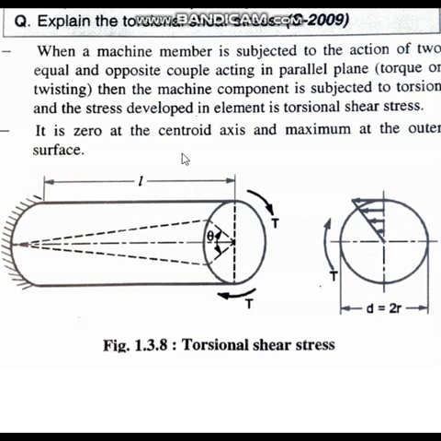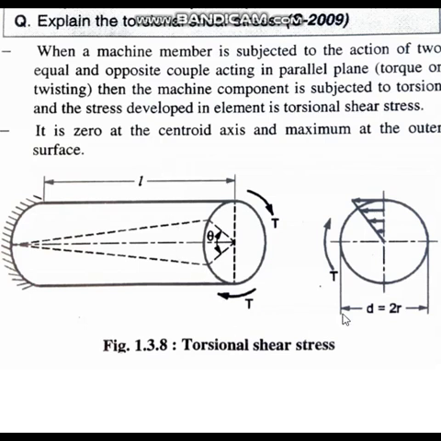Just imagine, if you keep on twisting with great force, what will happen? At some point, with more torque, it will break. Such a kind of failure is called torsional failure, and the stress in this is called torsional shear stress. The stress developed in the element is torsional shear stress. It is zero at the centroid axis and maximum at the outer surface.